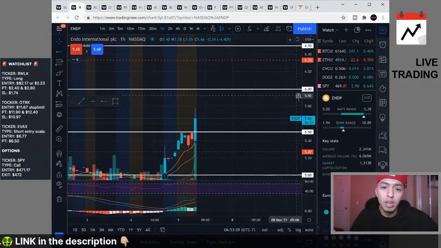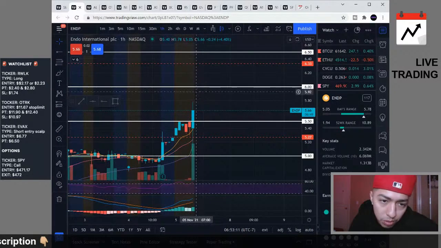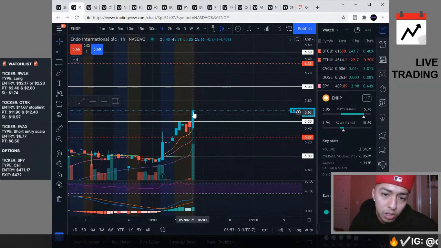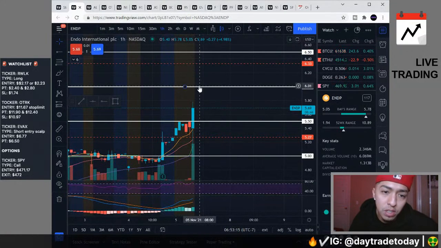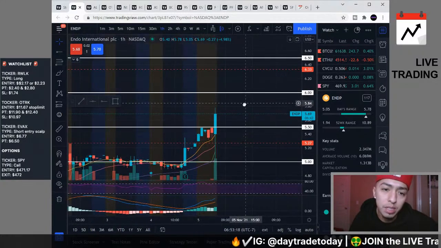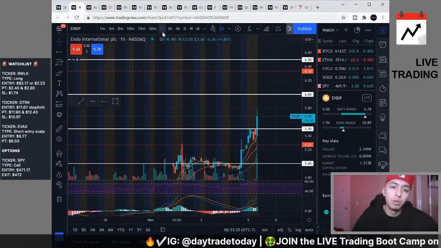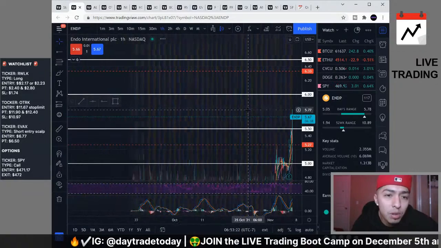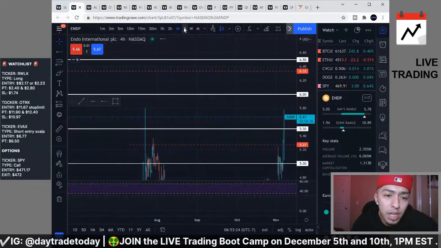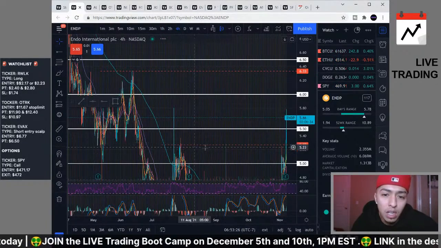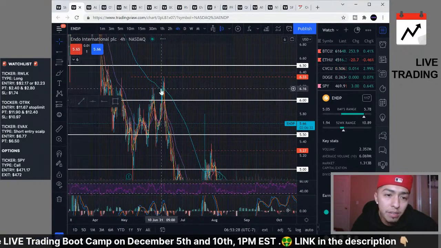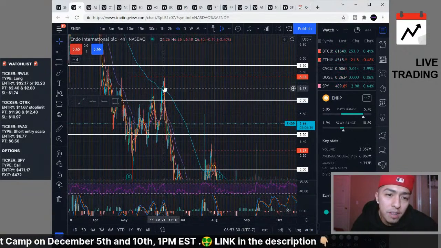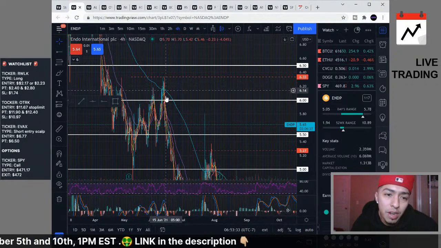6.33. The reason why you definitely want to wait until we break through $6 and come back to retest it is because, if you go on the 4 hour, there's resistance in this area right here between $6 and almost 6.30, right?